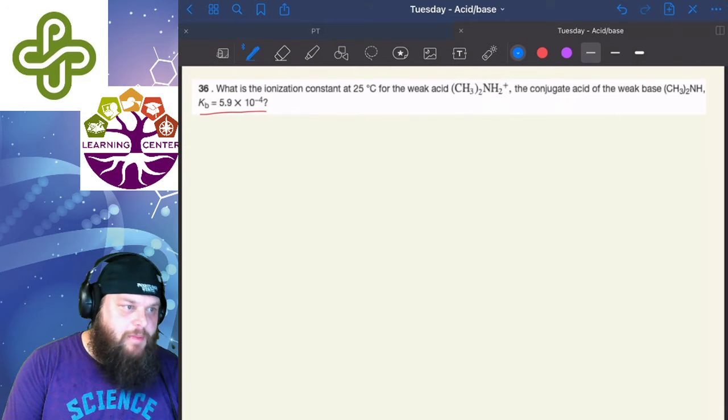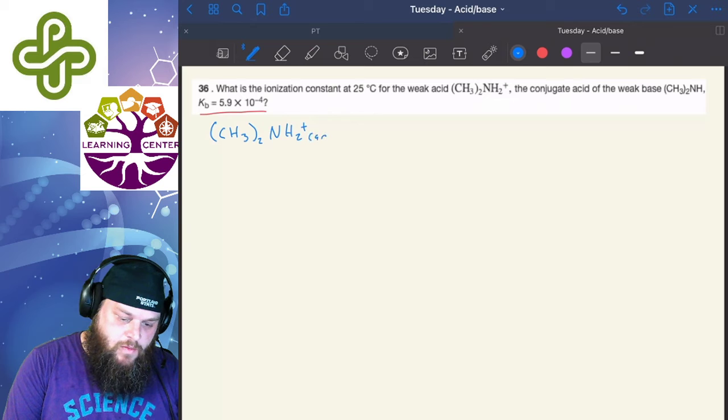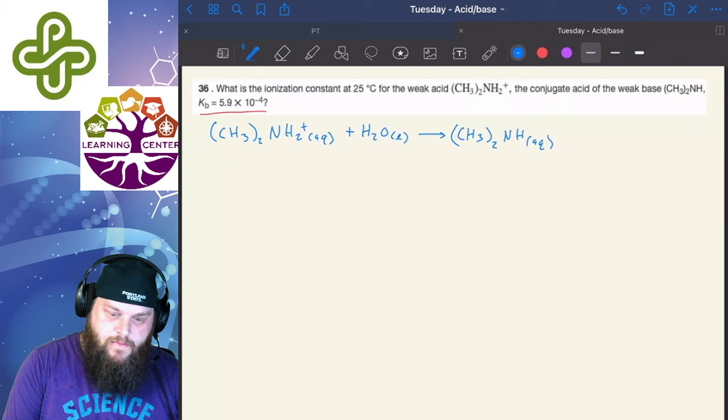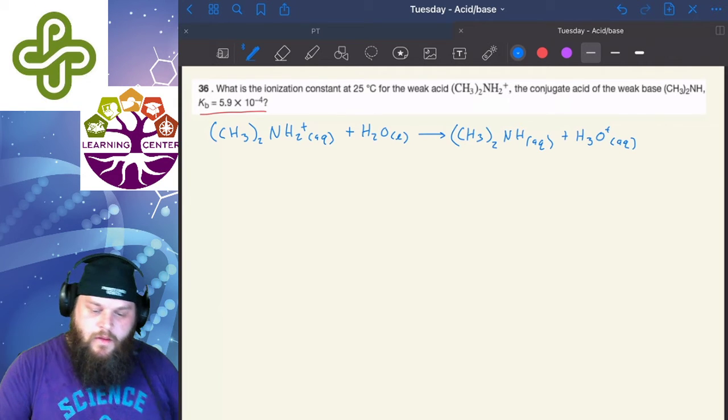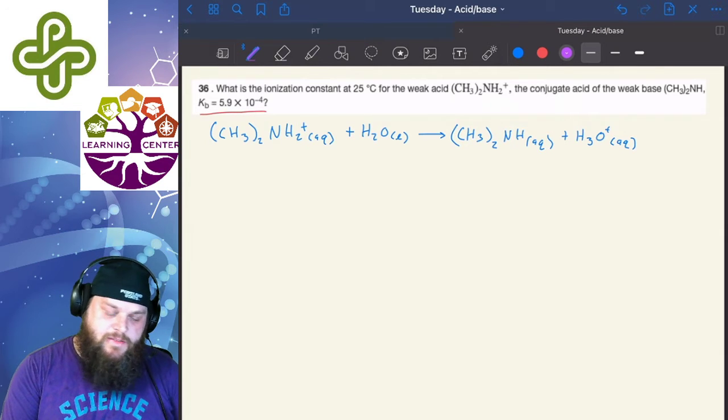So the reaction that's happening here, I'm going to write it here: (CH3)2NH2+ aqueous plus H2O liquid is producing (CH3)2NH aqueous plus hydronium. So we can use that equation to write down the expression for the Ka value.